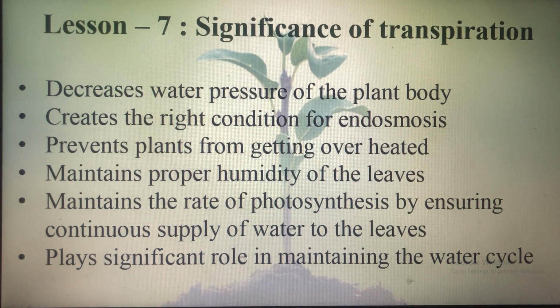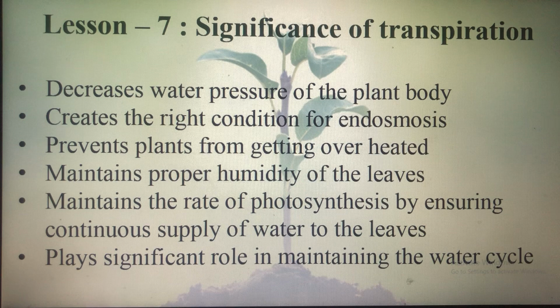Then transpiration prevents plants from getting overheated. This is another important point. It keeps the plant moist and therefore does not let the plant get overheated. Then it maintains proper humidity of the leaves. Next, transpiration maintains the rate of photosynthesis by ensuring continuous supply of water to the leaves.